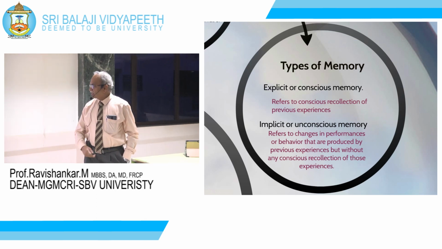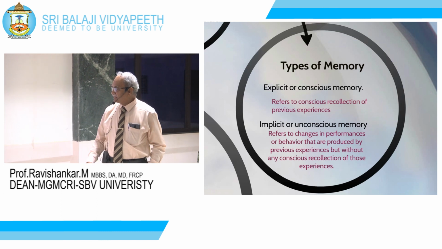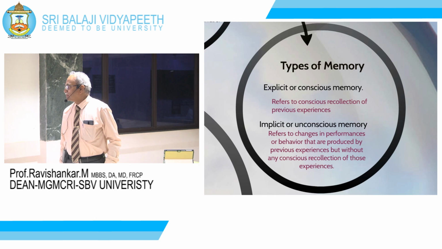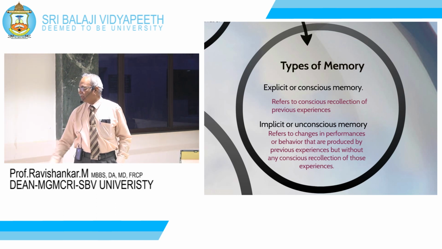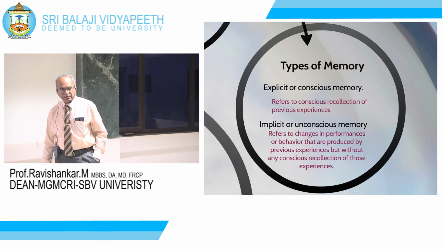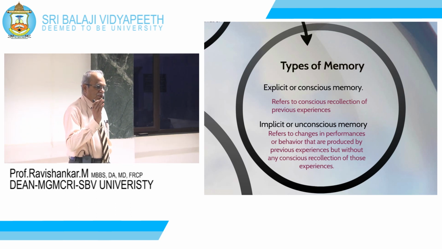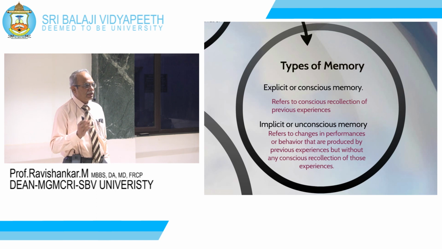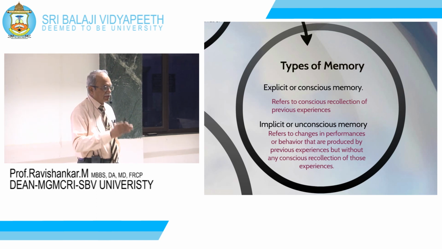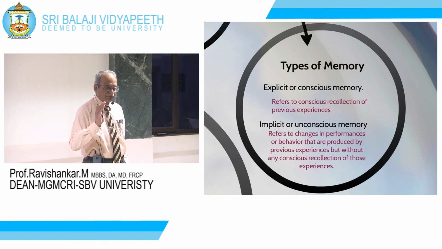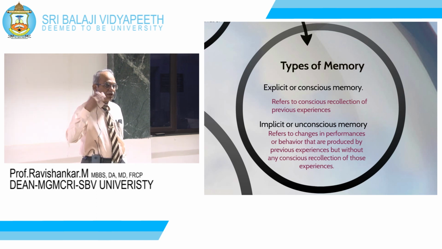But implicit, unconscious memory refers to changes in performance or behavior that are produced by previous experiences, but without any conscious recollection of these experiences. That is, you are sleeping, something happens, it gets recorded. It is not that it is not recorded, but once you wake up, you cannot recollect it.